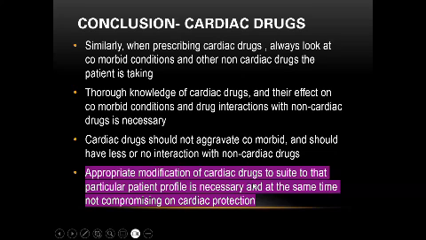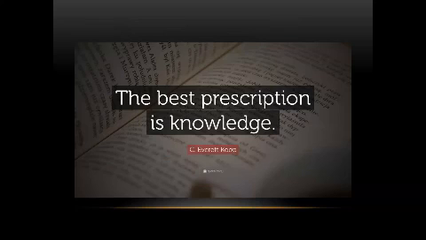At the same time, by inappropriately modifying the cardiac drug, you cannot let the patient's cardiac disease get exacerbated. You must maintain a fine balance between protecting the heart with adequately indicated drugs in adequate doses, and making sure these cardiac drugs do not aggravate a non-cardiac disease or interact with a non-cardiac prescription.